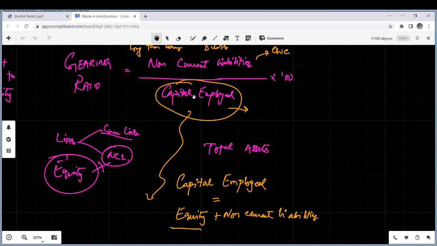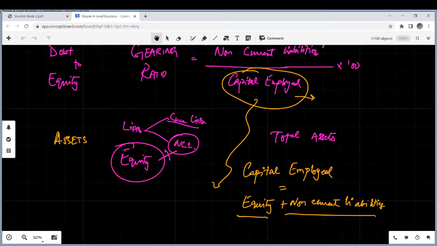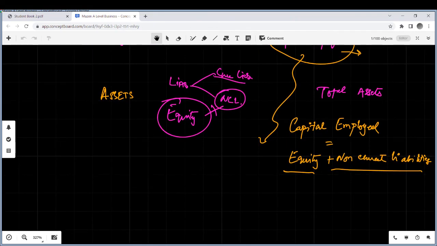I told you that for assets, they can be bought from two sources. What are the two sources to purchase assets? Liabilities and equity.